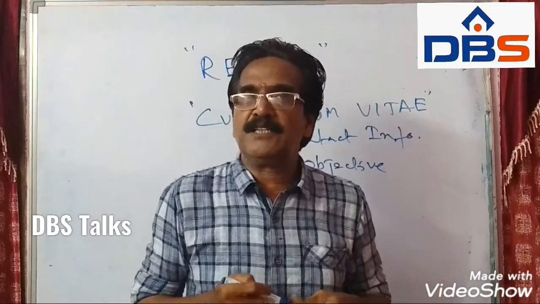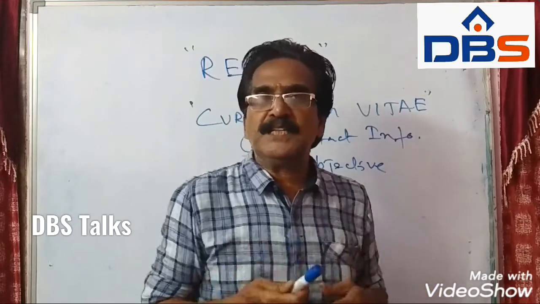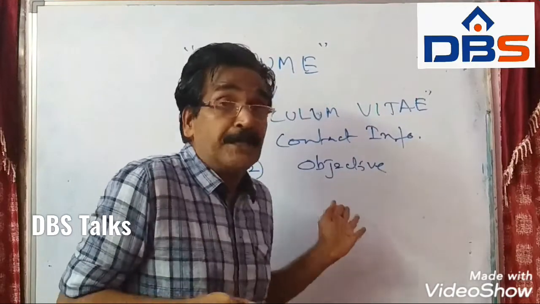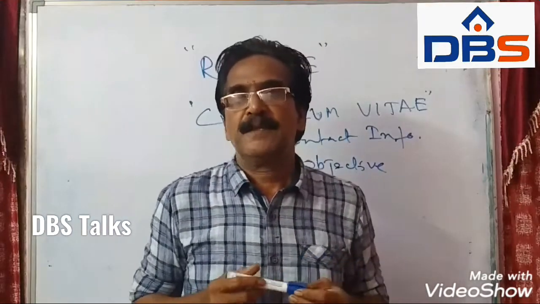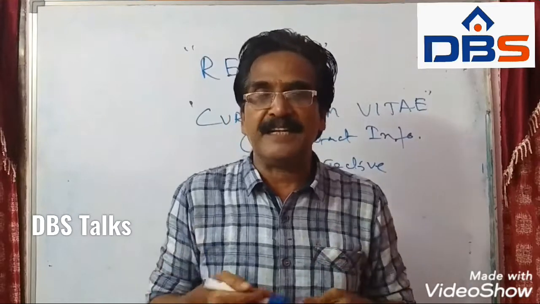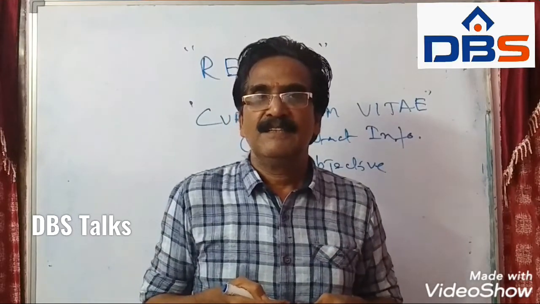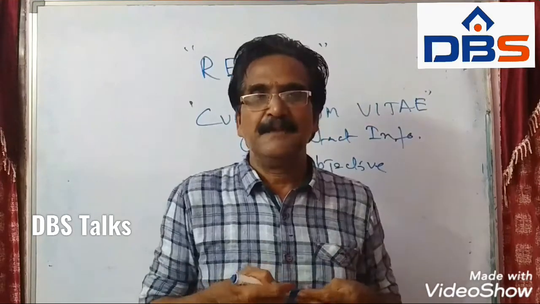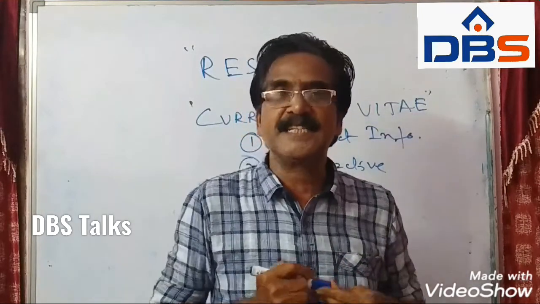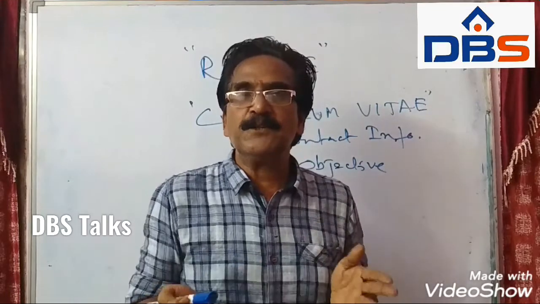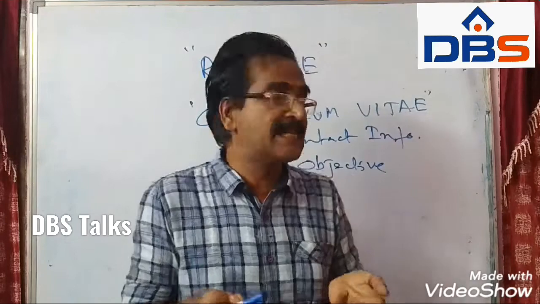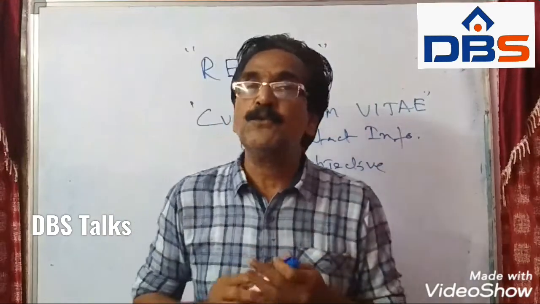Since you don't have any job experience, the only thing you have to tell is your objective. What is your objective? That is, what are your ambitions and what are your skills, because you don't have any job experience. So you have to present your ambitions and skills in the objective column.